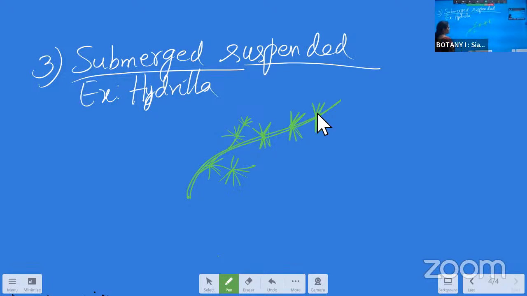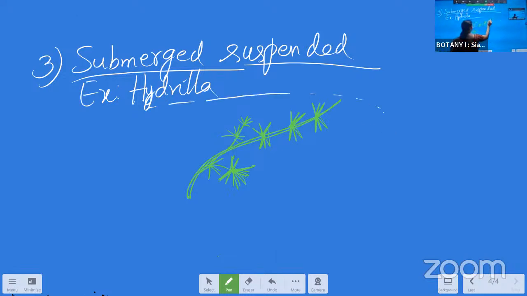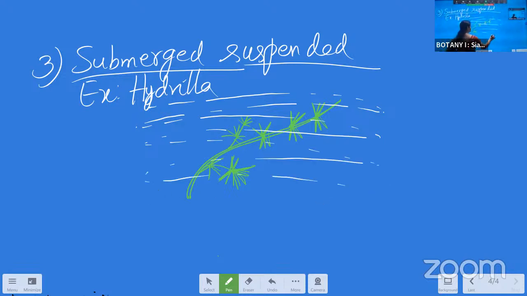Okay, so this is the Hydrilla plant, and this is completely present in the water. This is the submerged suspended hydrophyte, what we will say.